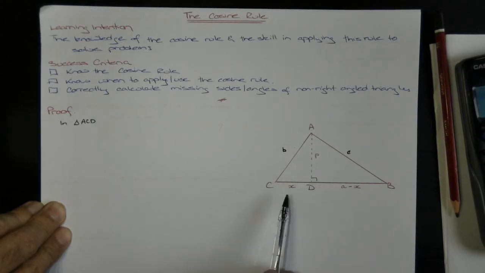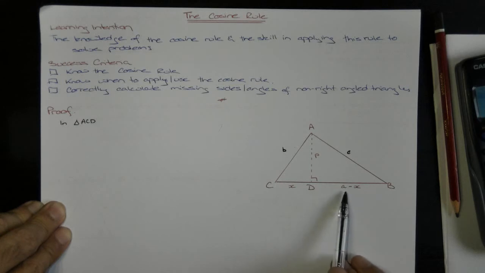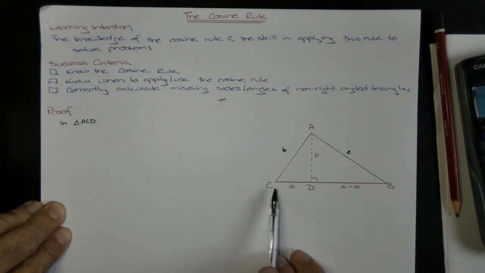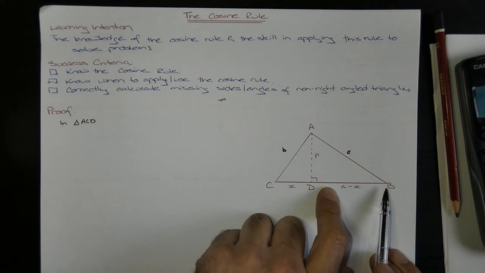Okay, and notice that here I've called my side CD x. Now this whole side here is actually a. So if I'm going to call this x, the remaining bit is going to be a minus x, because all this is a and I take away x.